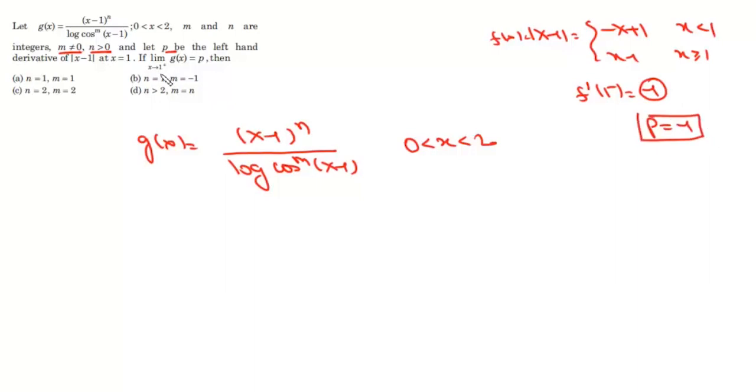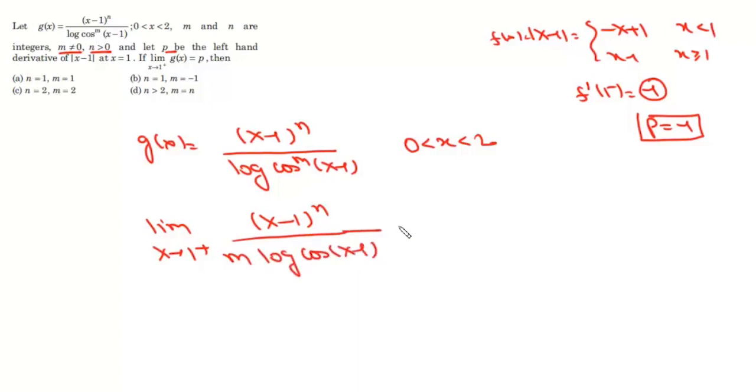Now it says limit x tends to 1 positive g(x) is p. So this limit x tends to 1 positive mod x minus 1 to the power n, and here we'll take this power out, so it will be m log cos (x minus 1), and this is equal to minus 1. Now this is 0 upon 0 form. We'll use L'Hopital's rule.